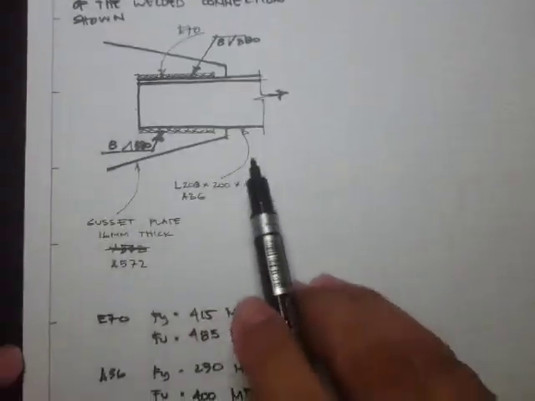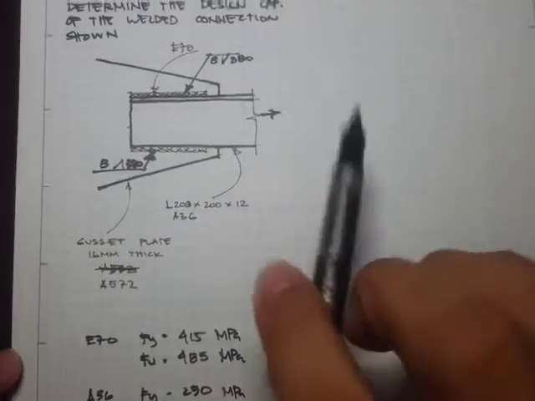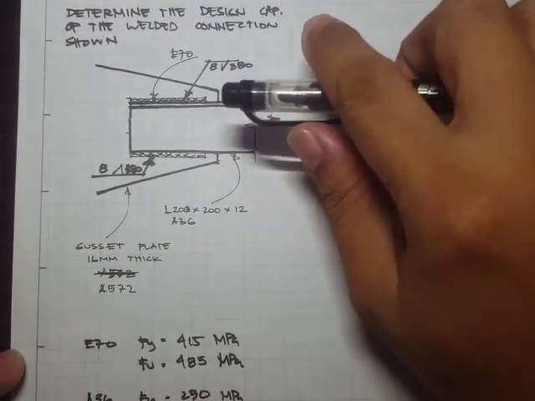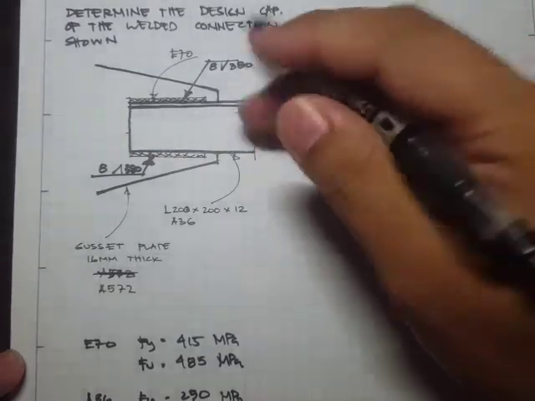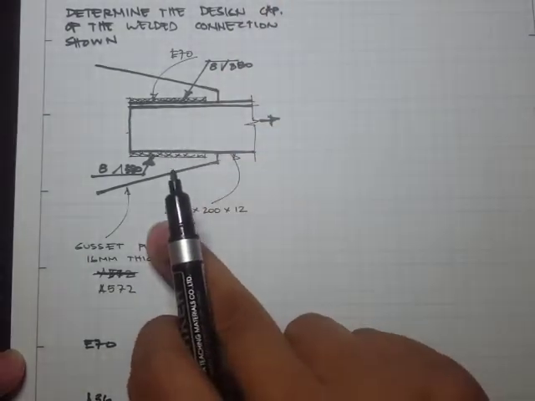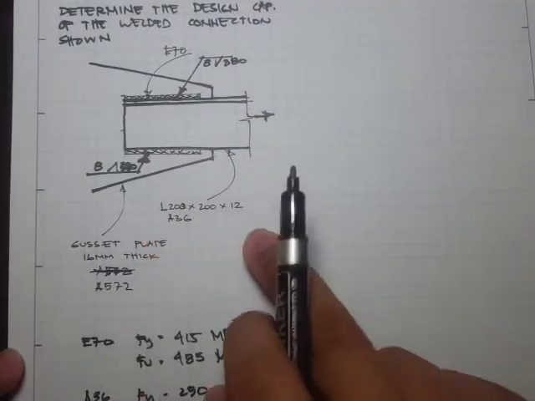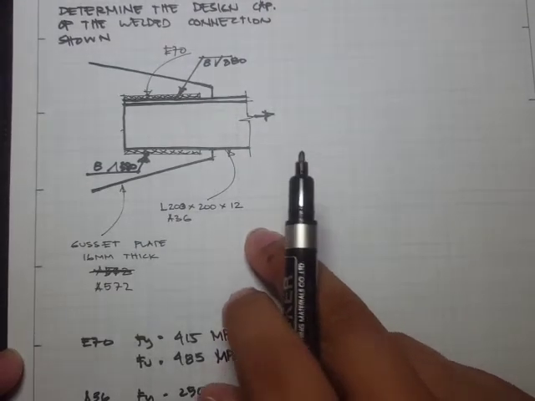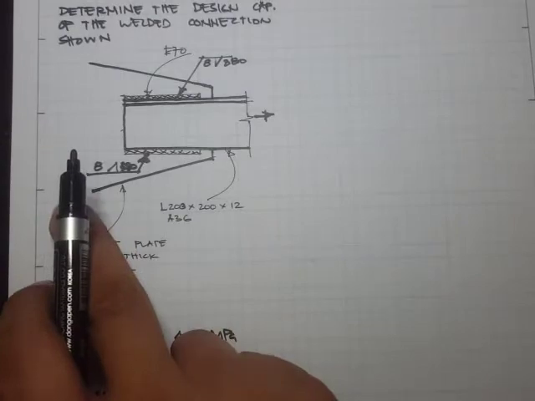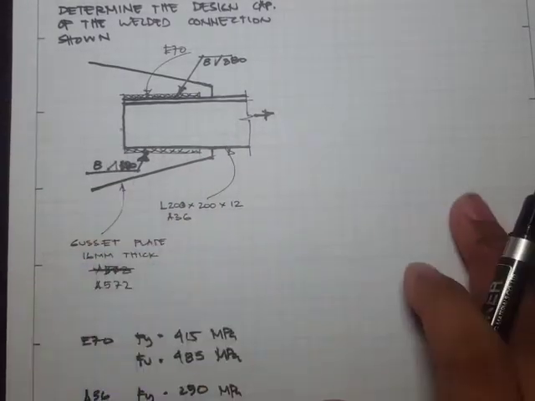Since we have two materials here, we have to check the failure of this base metal, this angle bar or equal leg angle, and then we also have to check the yielding and rupture in shear for this gusset plate.